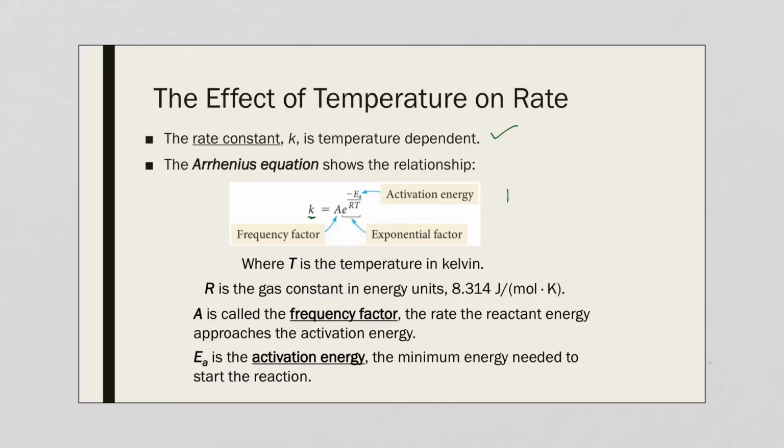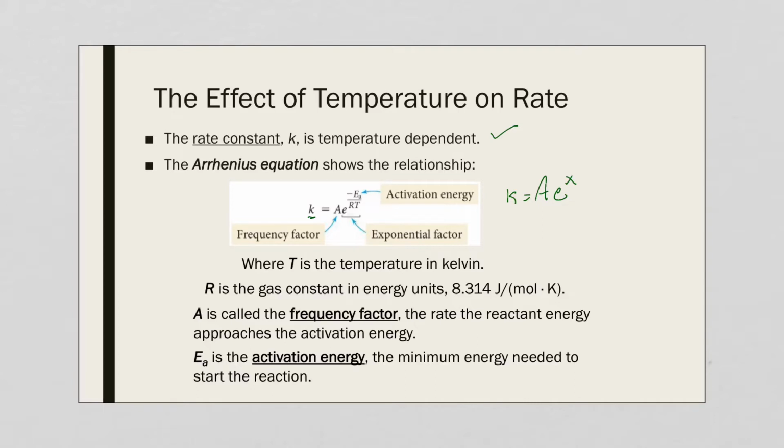Like if you're thinking about your calculator, as opposed to 10 to the x, it's e to the x. Now in this case, the x here is negative this value called E sub A, what we call the activation energy, divided by RT.